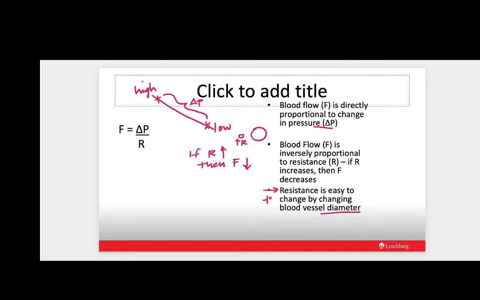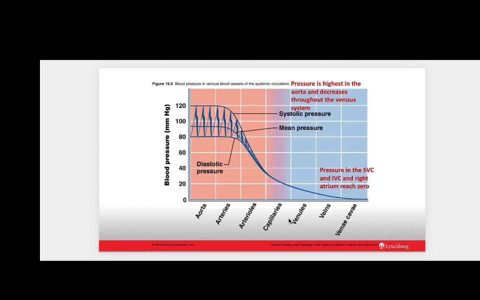This is really important, and this is how we control a lot of blood flowing throughout our body, by changing blood vessel diameter, because we have that smooth muscle layer, that tunica media, and it's able to contract and decrease diameter, or it's able to relax and increase its diameter. Okay, this is basically where it's all coming from, that tunica media layer, and it gives us a lot of control over blood vessel diameter.